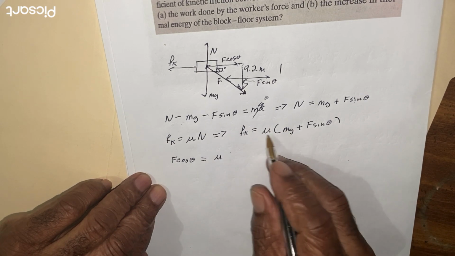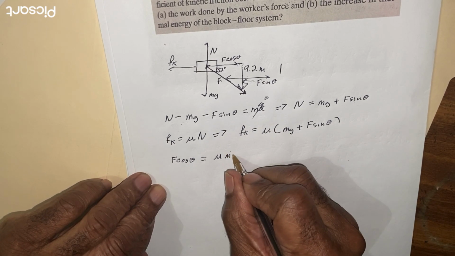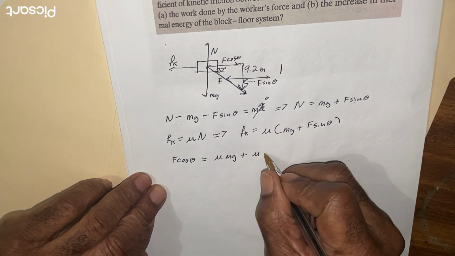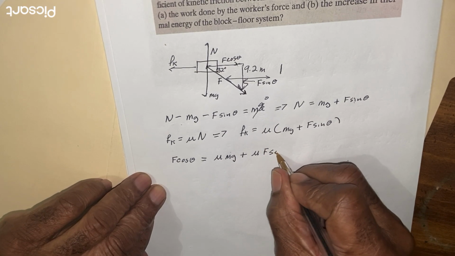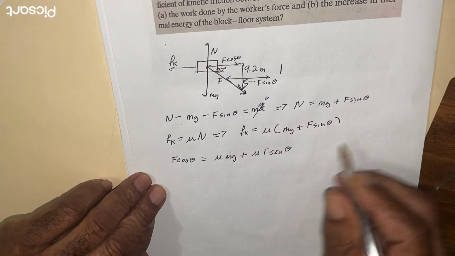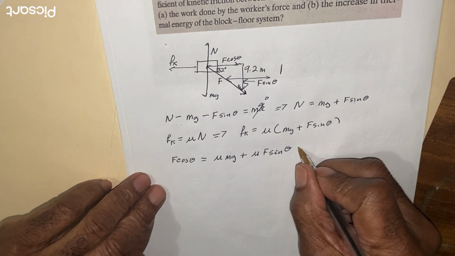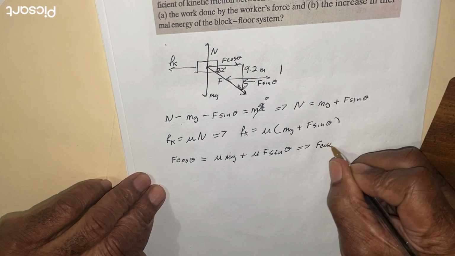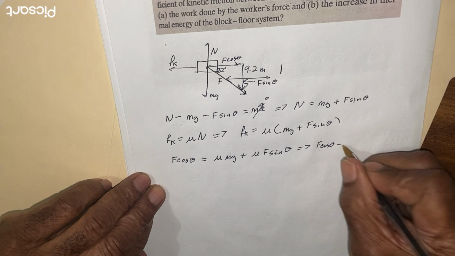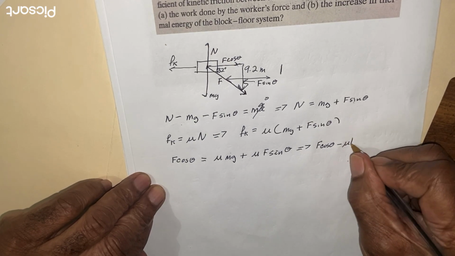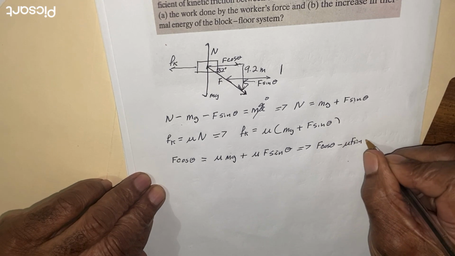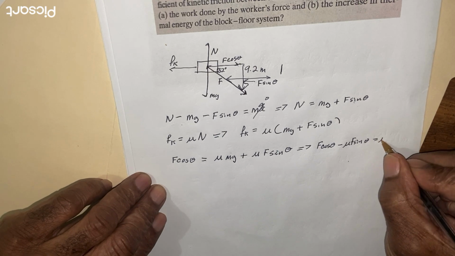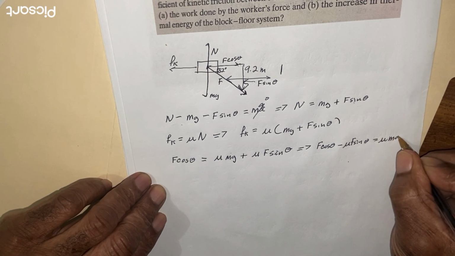And we may as well multiply this out: mu mg plus mu F sine theta. Take this on the other side. We will have F cosine theta minus mu F sine theta is equal to mu mg.